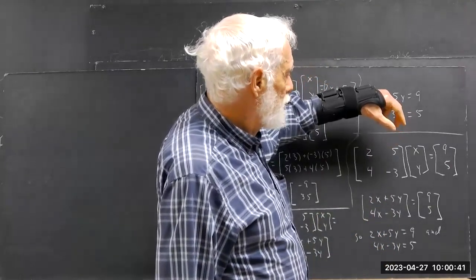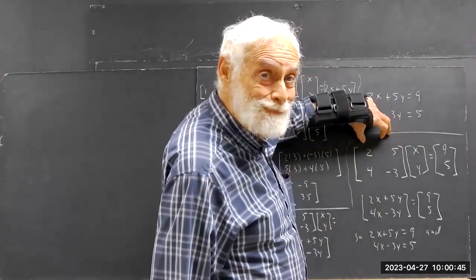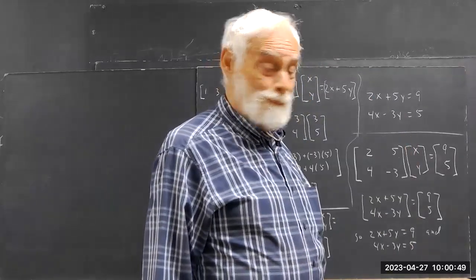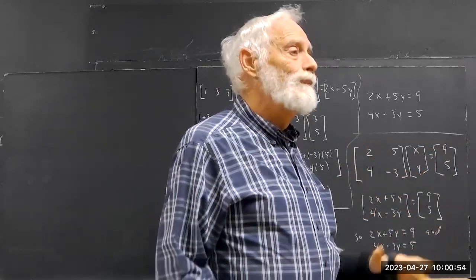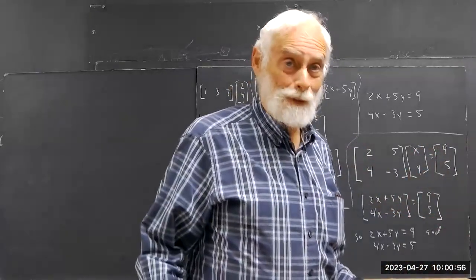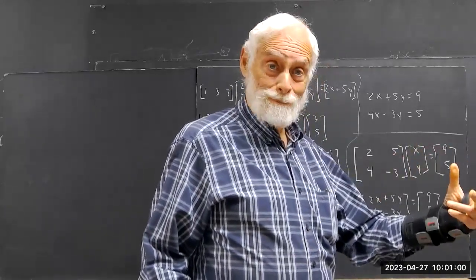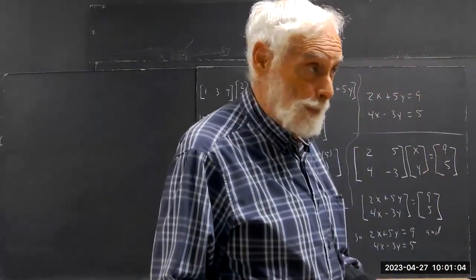It looks like we ought to be able to divide both sides by this matrix and solve for x and y. In other words, x, y ought to be equal to this divided by this matrix. Catch is, can't divide by a matrix. You can multiply by its inverse though, which is analogous to dividing, but not the same thing.